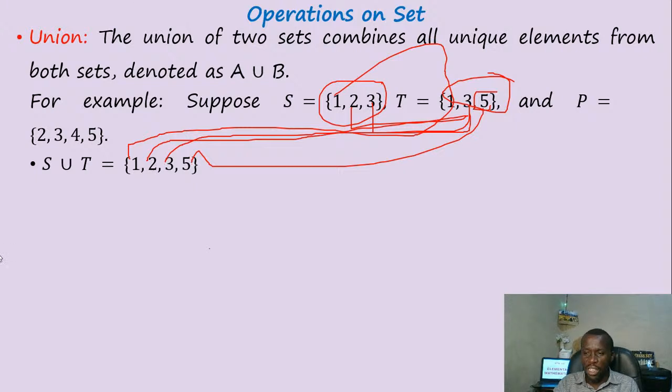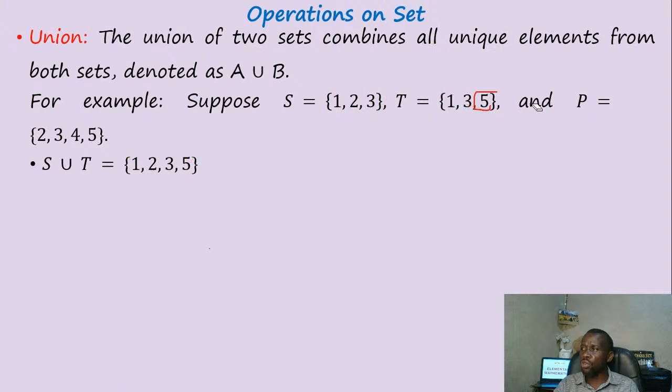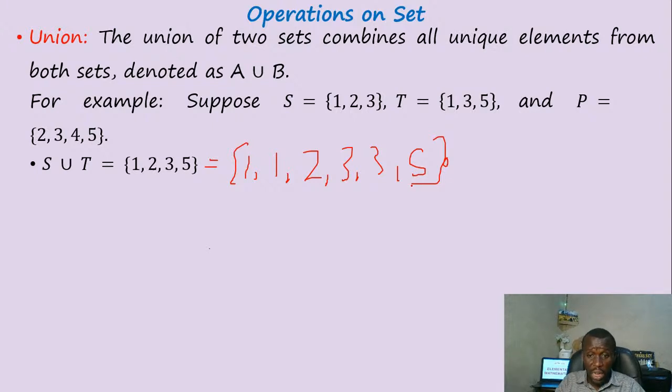Let me write it in this format. Normally, when you say union, you are combining everything together. You are going to write something like 1, 1, 2, 3, 3, 5. For the union, you are combining all the behaviors together. However, you don't do repetition.